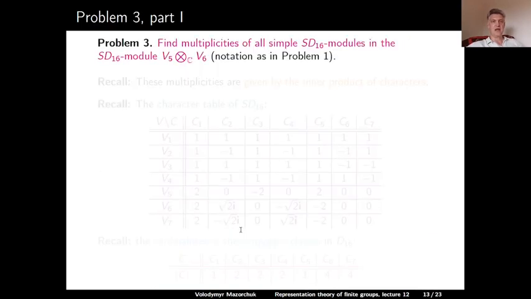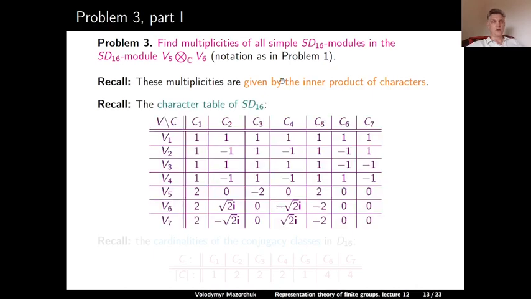Problem 3. Find the multiplicities of all simple SD16 modules in the SD16 module V5 tensor V6. So we use the notation as in problem 1. Recall that from the general theory, the multiplicity of a simple module in any module is just given by the inner product of characters.